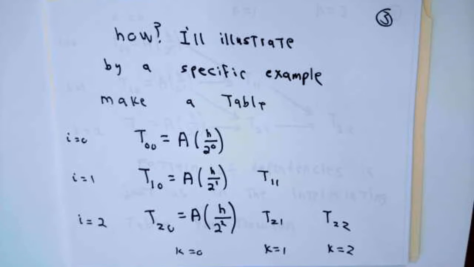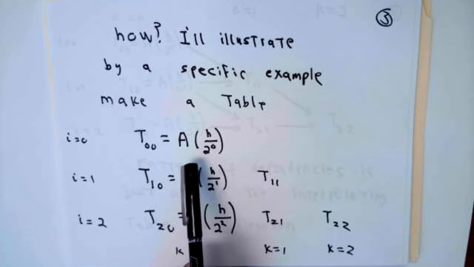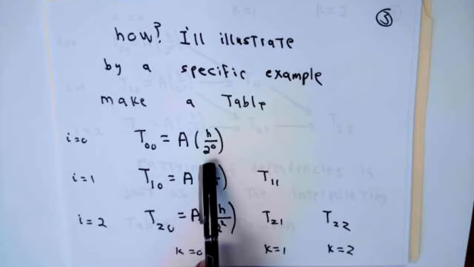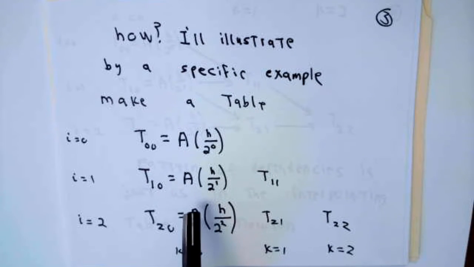We're going to make a table. In many ways, it's very similar to the table we used in polynomial interpolation, except I don't have any x values. Column 0 of my table is going to be the approximation based on h over 2 to the 0, which would be based on h, the approximation based on h over 2 to the 1, and the approximation based on h over 2 to the second power.